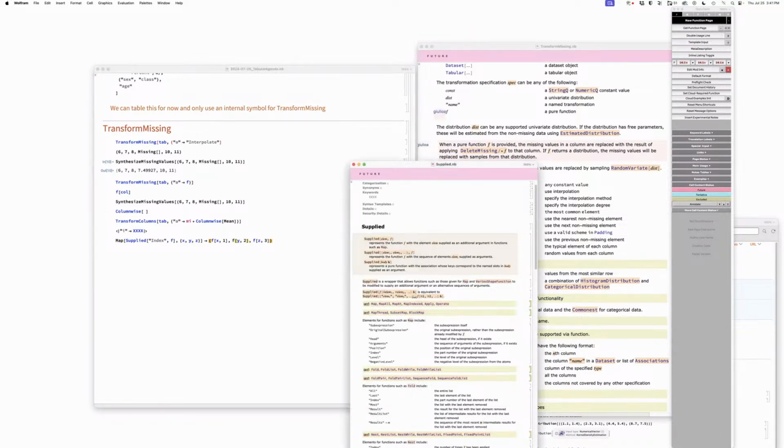Okay, and then this is X, Y, Z, and then that would give us F of X1, F of X2, etc. What's that third usage there? Supplied of... What's this usage here?